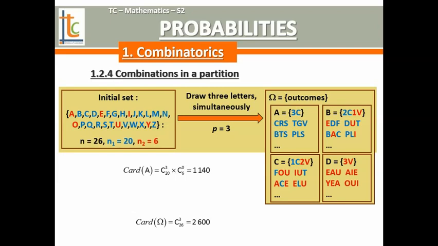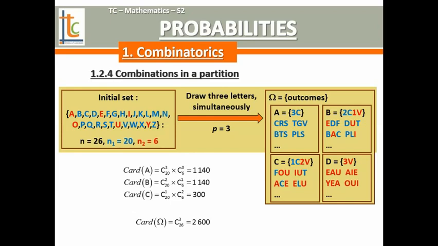But in the other situations, you have to consider 2 combination numbers, of course. For the cardinal number of B, it will be C20,2 times C6,1. It's a coincidence here, but this result is the same as the first one. The cardinal number of C is then, and I hope it begins to be clear, C20,1 times C6,2.